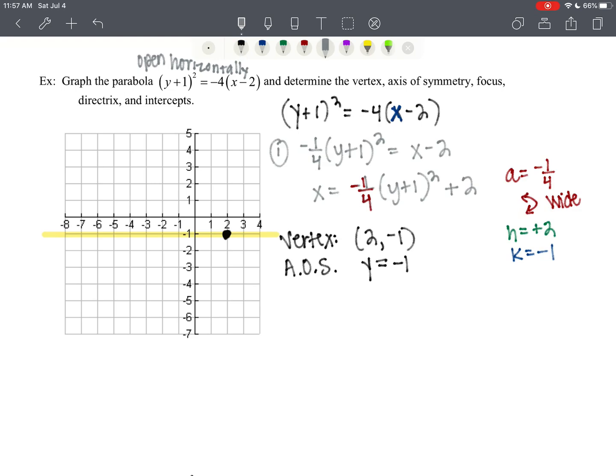So I've got x equals -1/4. So I'm going to go up 1, and then I'm going to go slightly left 1/4. Then I'm going to go up 1, and I'm going to go 3/4. Let's make sure that that works.